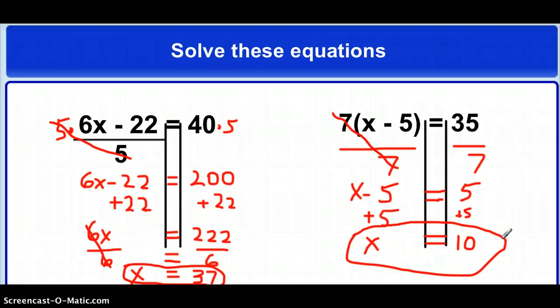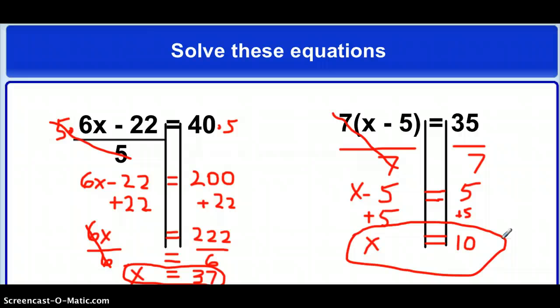You have more that you can practice on, but keep remembering to take one step at a time, use the train tracks, and you're doing opposite operations to undo something on the side that the variable's on, and then you do the same operation on the other side to keep it equal. And you just keep working your way through until you get the variable all by itself. Once you have the variable all by itself on one side, you just simplify what's on the other side as far as you can, and you'll be left with the correct answer.